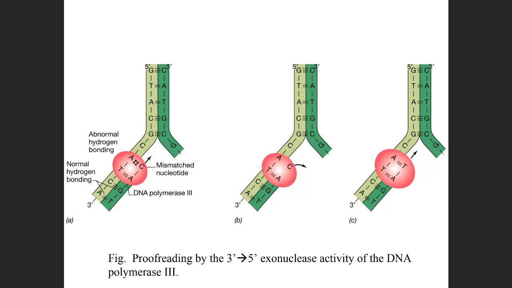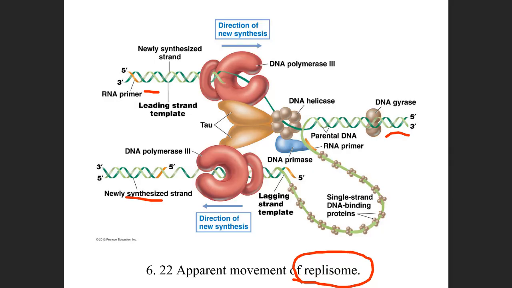DNA polymerase. I'm sorry, let me go back and make sure I didn't misspeak. Okay, so the replisome, and this is DNA polymerase 3. All right, we want to highlight polymerase 3.